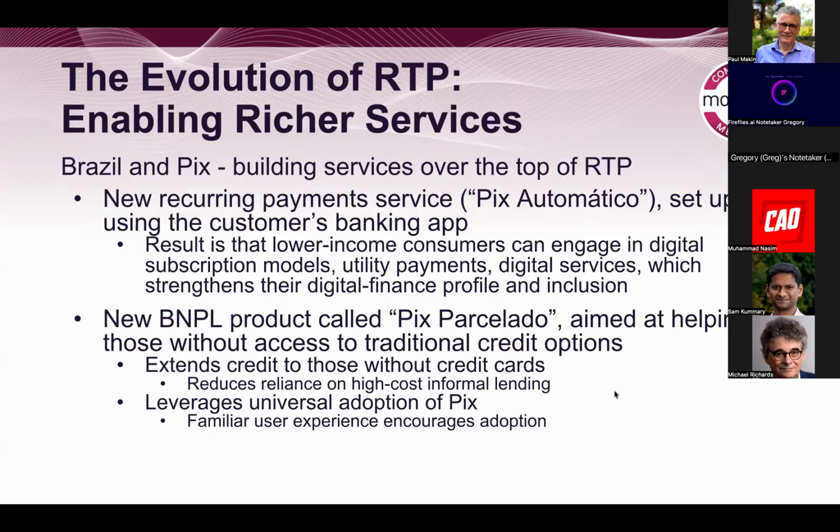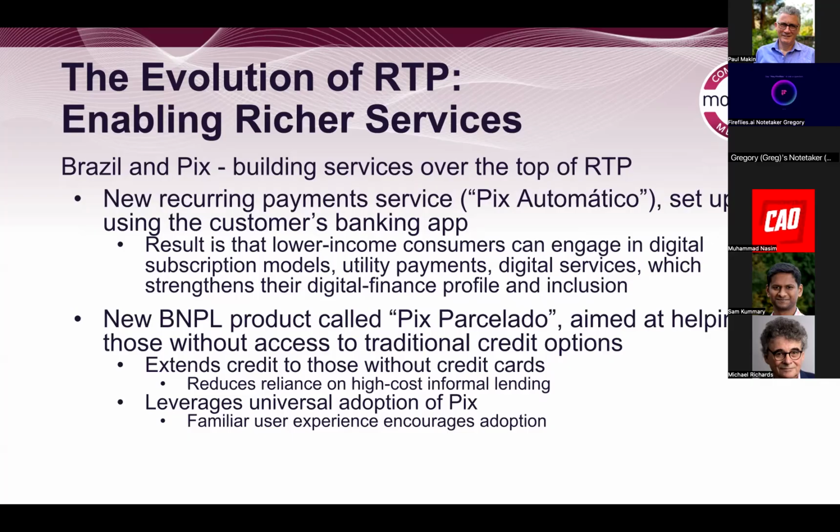Brazil and Pix, they're building services over the top of RTP as well. They have a new recurring payment service, Pix Automático, and they have a new BNPL project called Pix Parcelado. And the important point there is that they're viewing this as a financial inclusion initiative, because in the case of Pix Automático, these are functions that are not normally available to lower income customers.